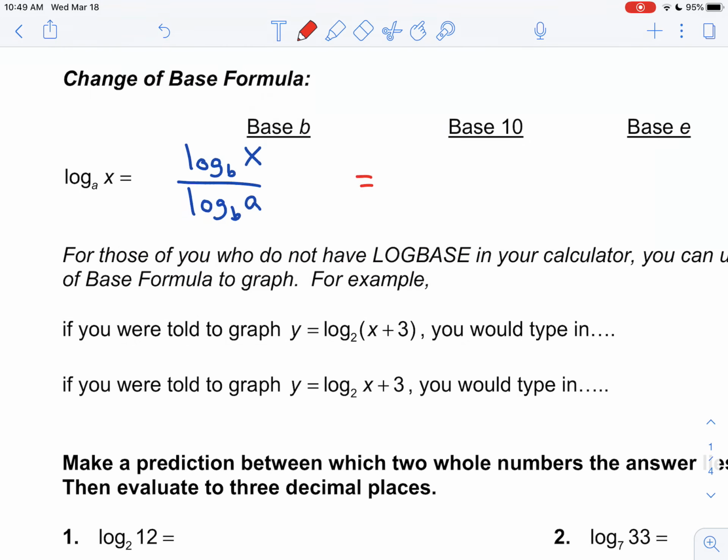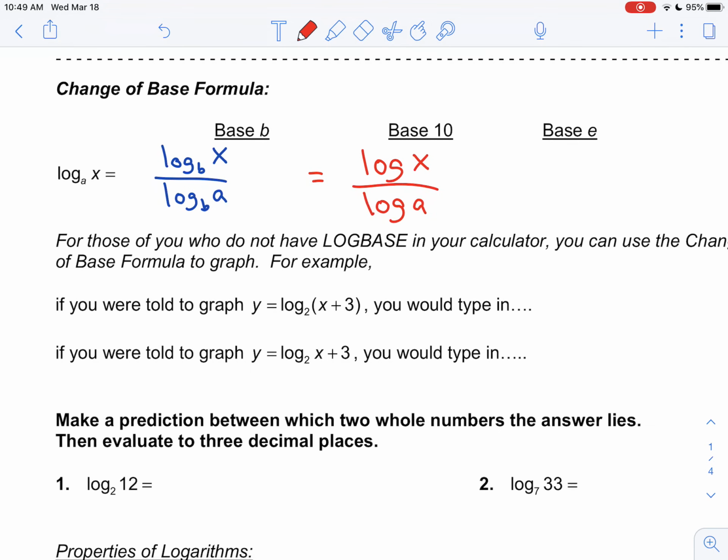Our calculator does have a base 10 button, and that's just the log, so we can do the log of x divided by the log of a. And we also have a base e button, which is your natural log button, so we can type in the natural log of x divided by the natural log of a.